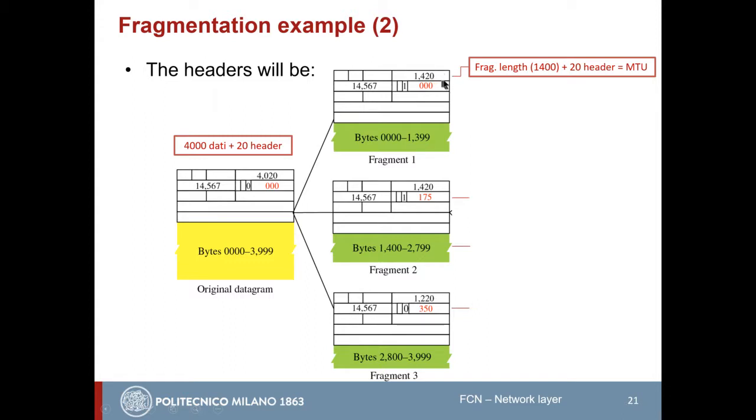The length is 1420 for the first 2 packets and 1220 for the last one. And then here we have the fragment offset and also the first and the last byte of the packet.